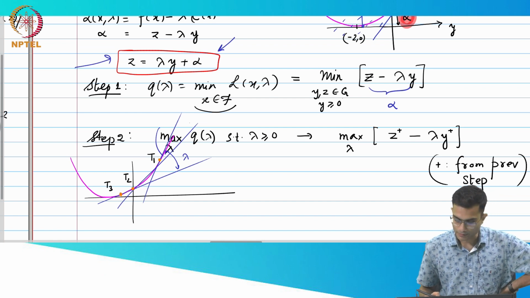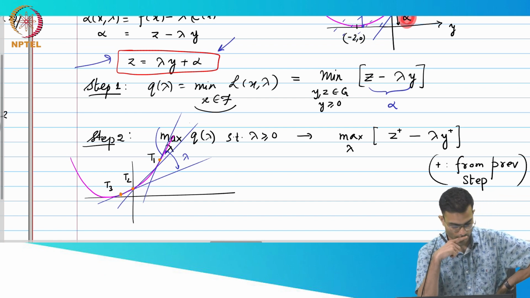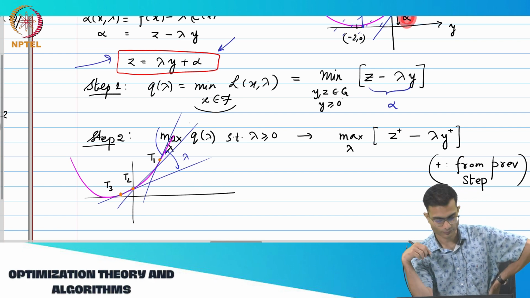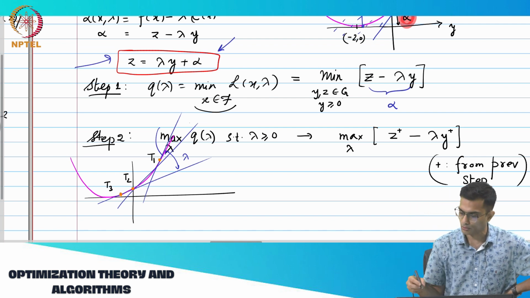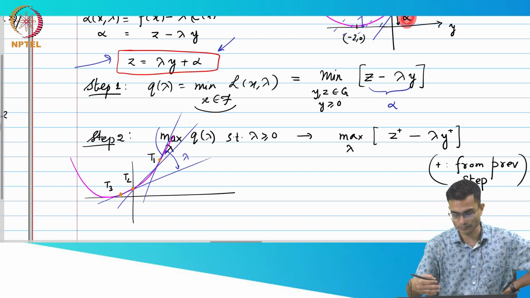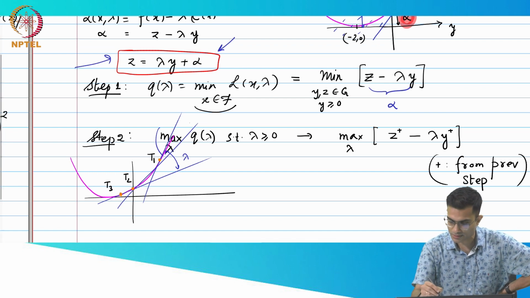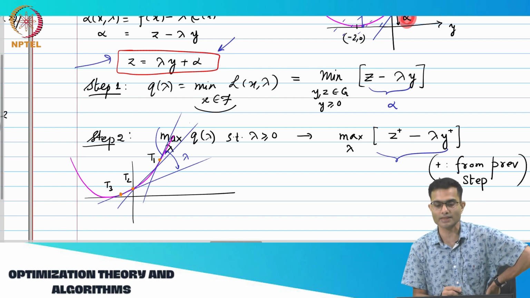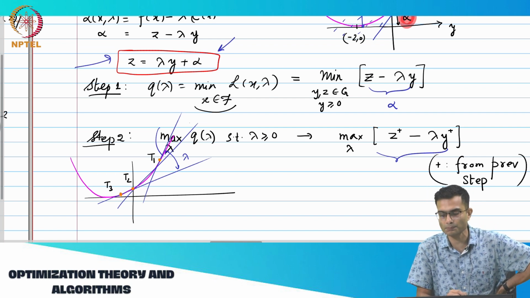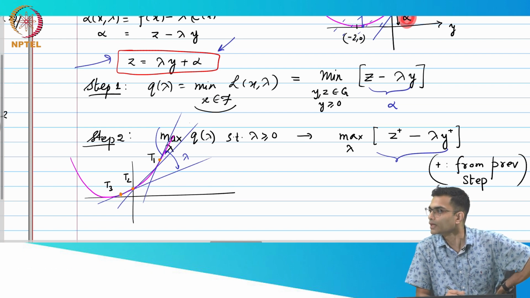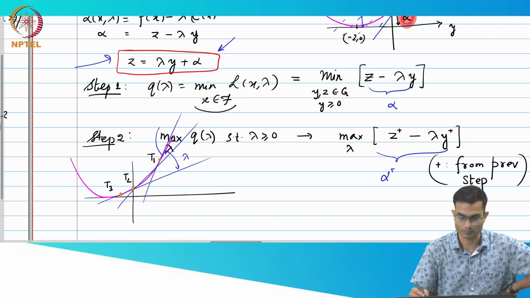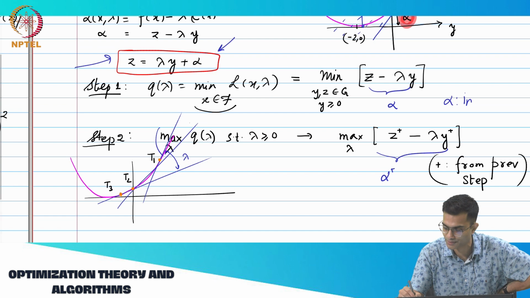Okay. T3 is not feasible, they are just examples of different tangent points, right? Now, this is what the step 2 says. Again, let's interpret this in words. This whole problem, maximize z plus minus lambda y plus. What is z plus minus lambda y plus? It's again alpha plus, which is what? Intercept. Right? So alpha is always the intercept.